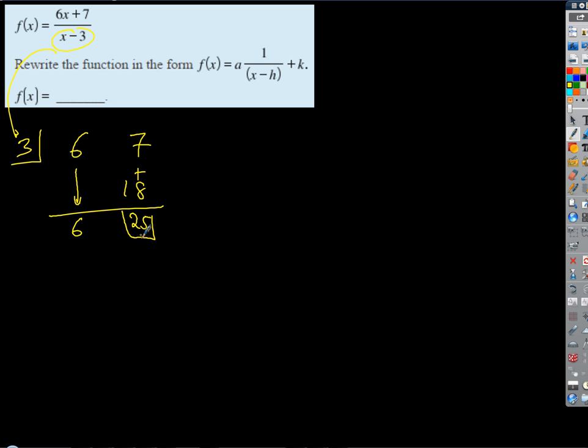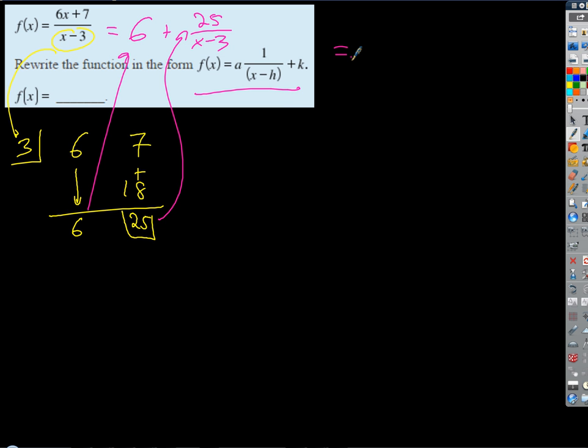So this looks like, once again, if I were to write this out like we did back in chapter 6, when we did division, right? When we divided polynomials, we would have gotten 6 plus 25 over x minus 3, right? There's where the 25 goes. Okay, but we want to flip that around and write it in this form now, right?